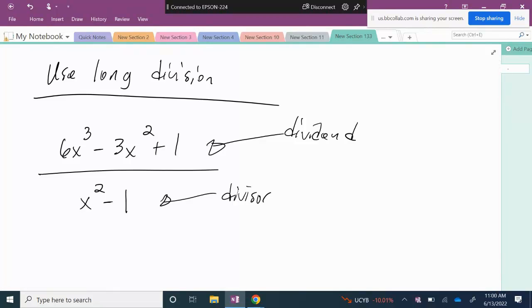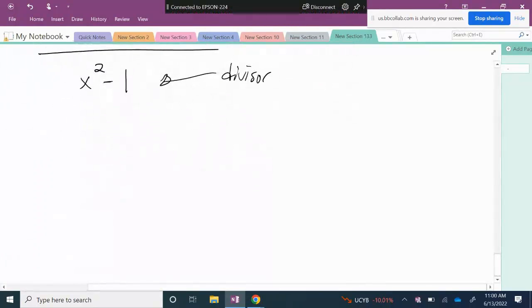Now we got to make sure that everything is in descending order. So my divisor, notice I have a squared degree term. I don't have a first degree term, so I'm going to have to put in a filler x to the first power minus 1. Right, so I have a second degree term, a first degree term, and a 0 degree term.